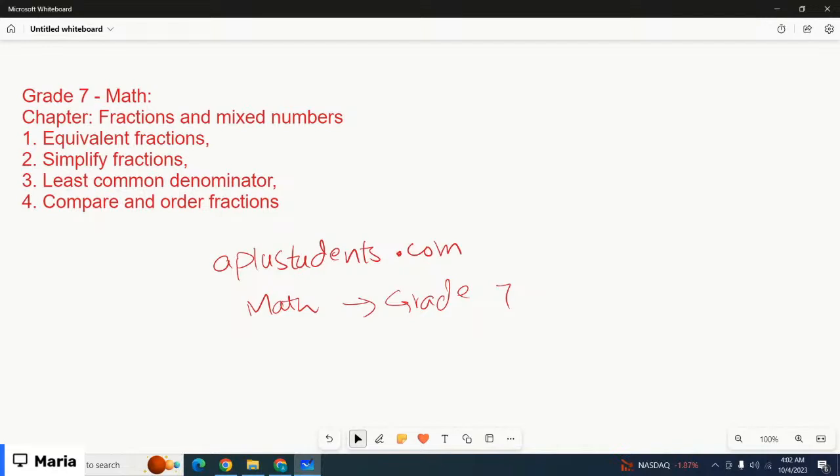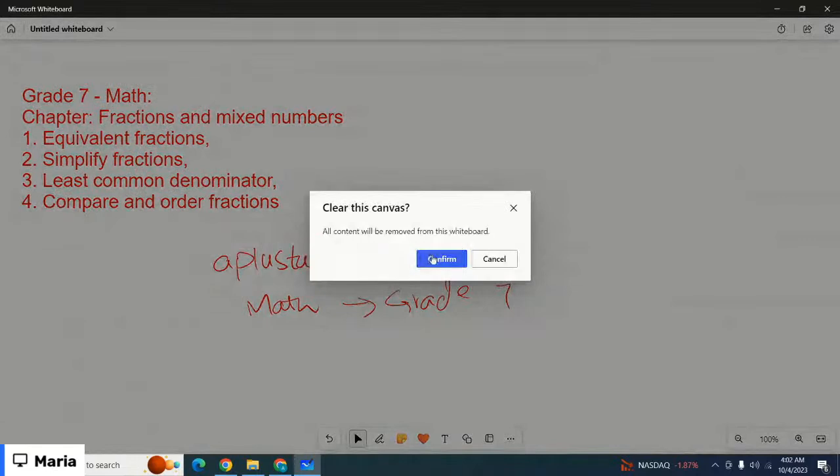You already know what equivalent fractions are, right? You did this lesson in the earlier grades. What is an equivalent fraction?